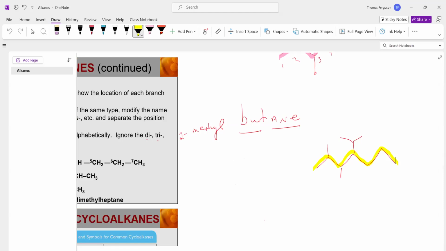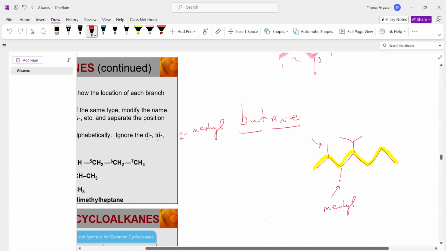However, we have multiple branches now. We've got some 1-carbon branches and some 3-carbon branches. These are going to be methyl branches. Same with that. This is going to be 3 carbons, and there's 3 carbons.